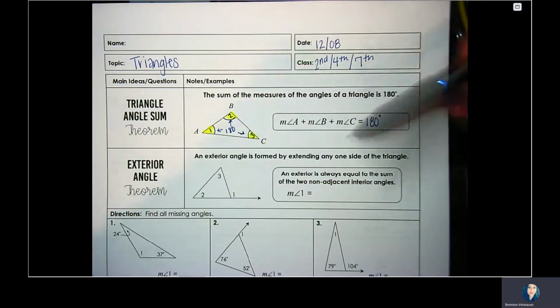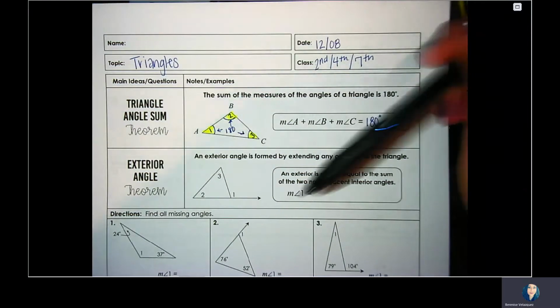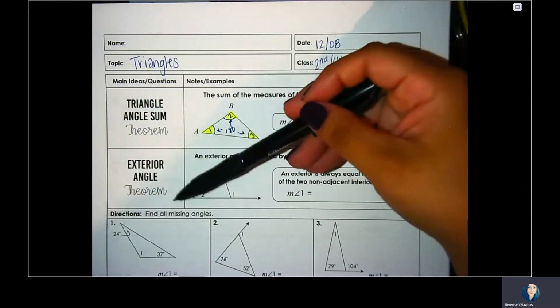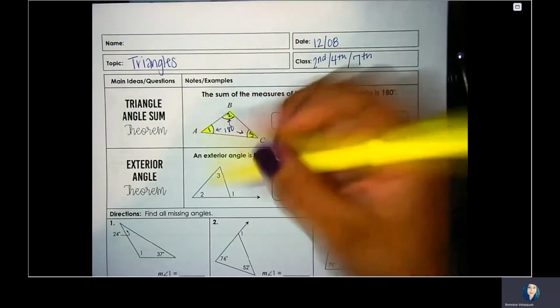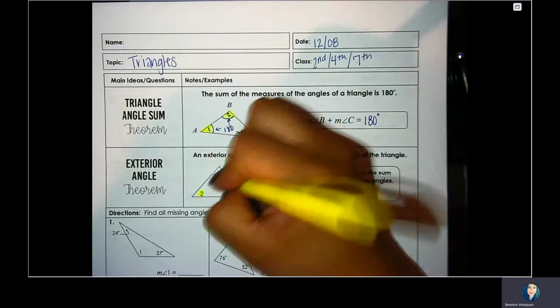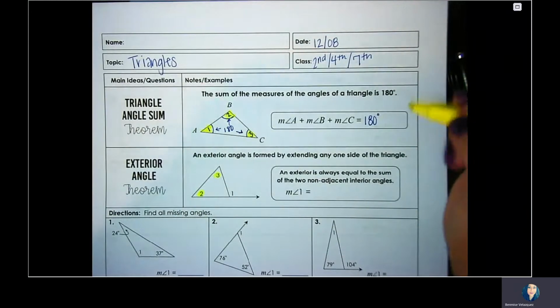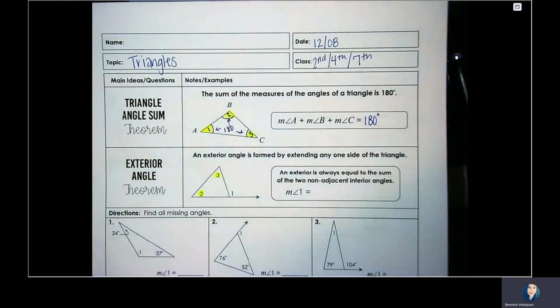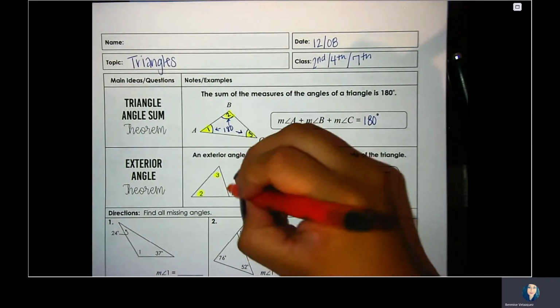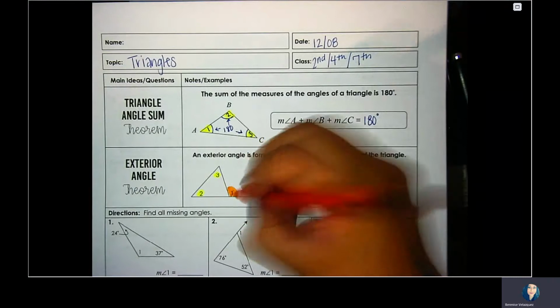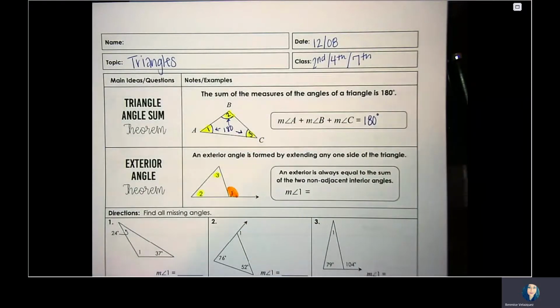Okay, so now we're going to move on to the exterior angle theorem. So what if they don't give you all 3 angles? What if they only give you 2 angles on the inside, and you have an angle on the outside? How do we know it's on the outside? Because it's not inside the triangle, and also because it's on this line that has an arrow extended out.